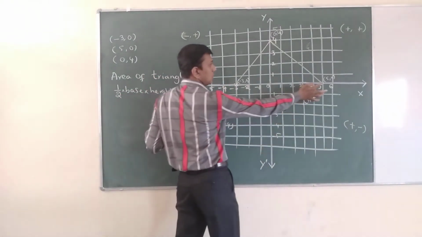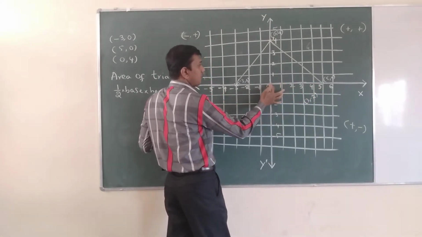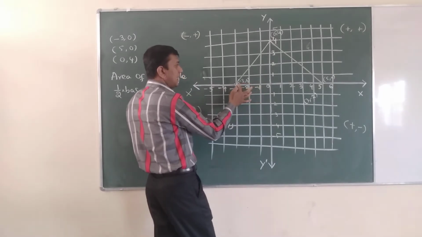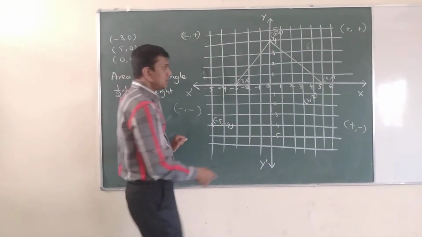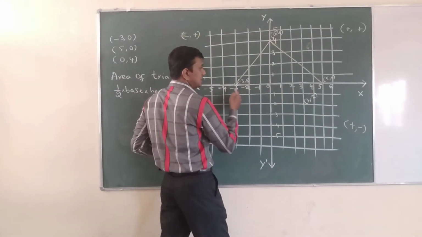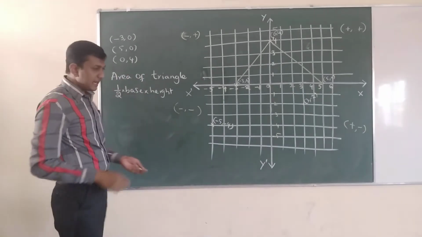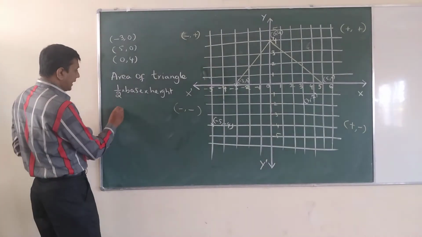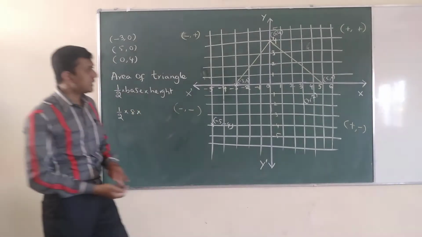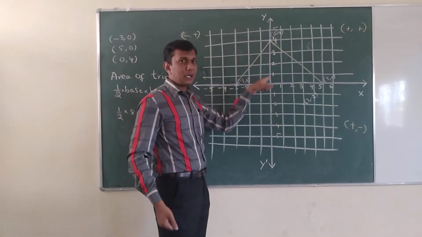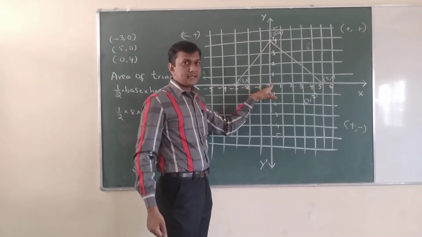Let us count. 1, 2, 3, 4, 5, 6, 7, 8. If you know counting, you can do it like that. Otherwise, you simply subtract to get the distance between these two: 5 minus of minus 3. It is a subtraction. You will get 8. Height. This is the height, the perpendicular distance from the vertex to the base.